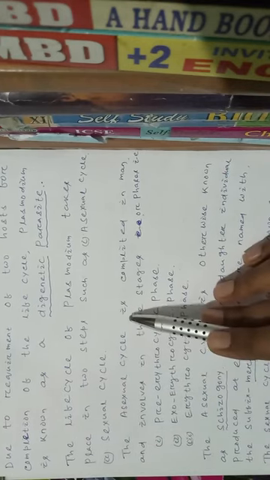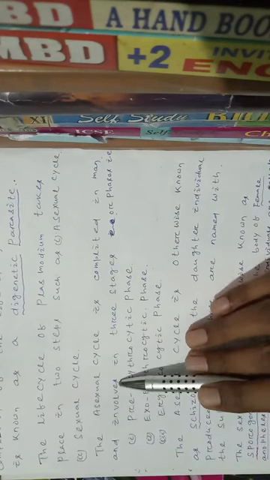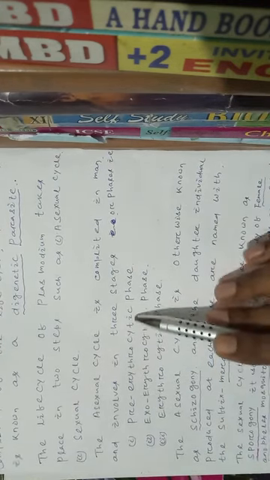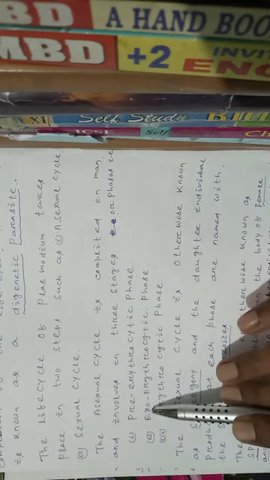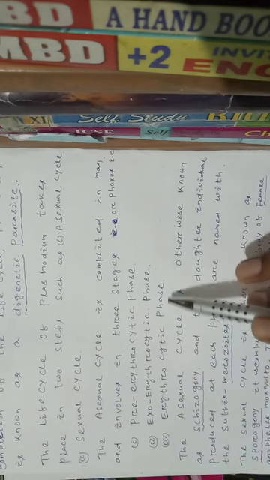The asexual cycle is completed in man and involves three phases: the pre-erythrocytic phase, the exoerythrocytic phase, and the erythrocytic phase.